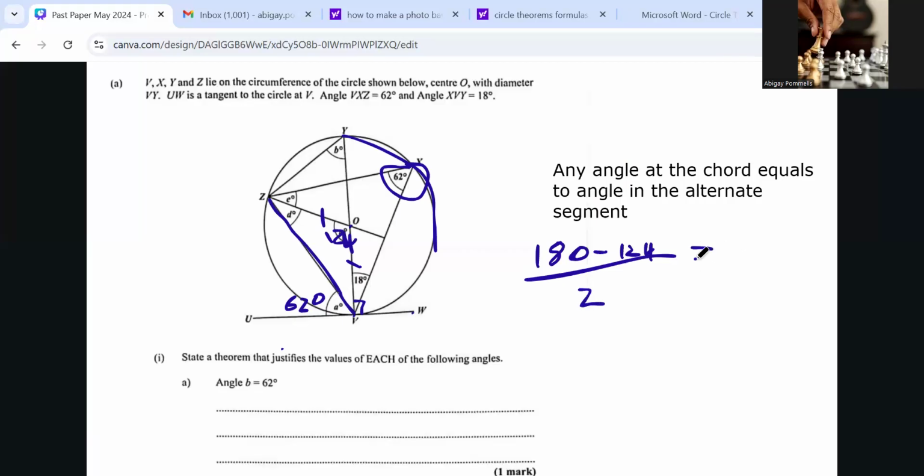That is 180 subtract 124 divided by 2, and that is 28. So D equals 28.